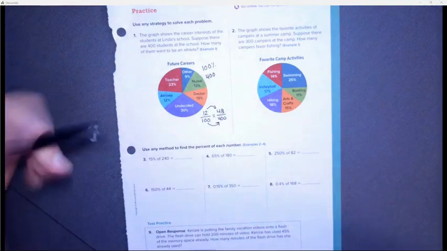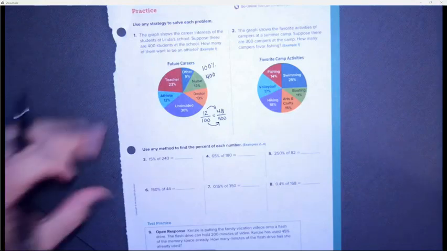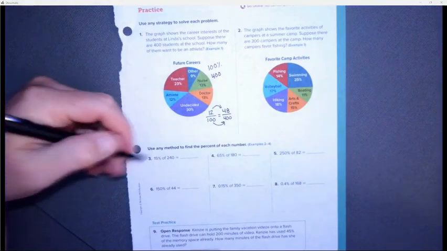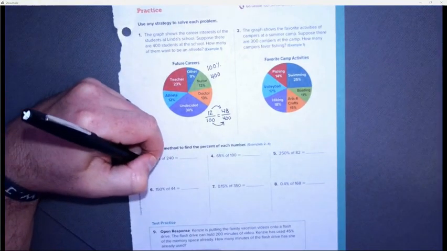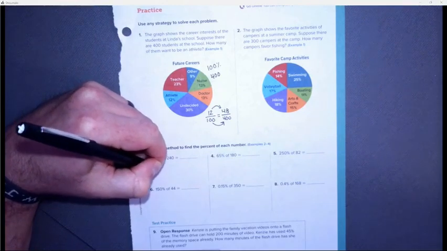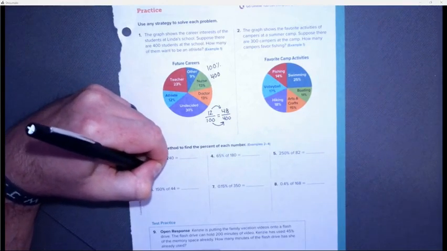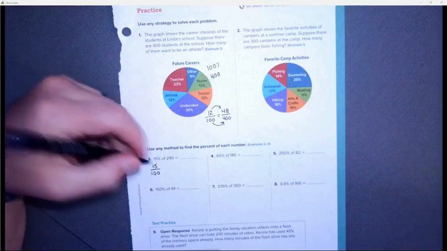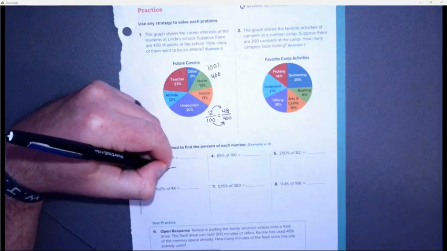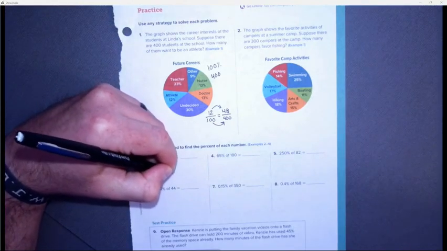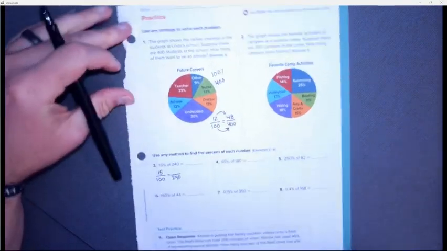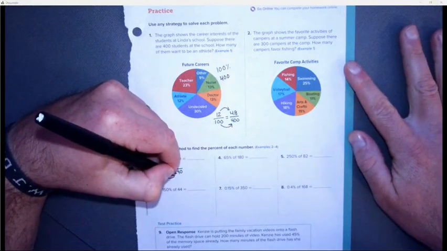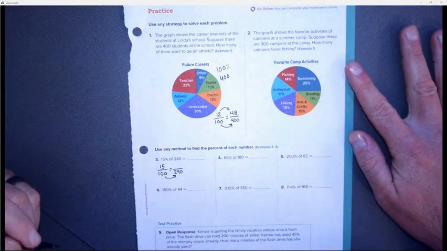Let's look at number 3. 15% of 240. So 15% is 15 over 100, 15 per 100, 15% of 240. So 240 is our whole, so we put it as our denominator. 100 times what will get me to 240?